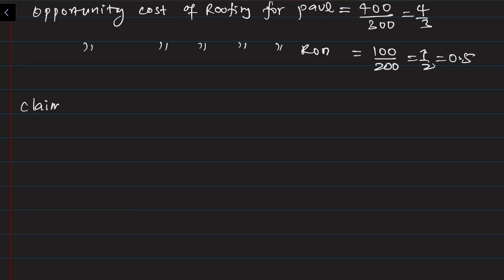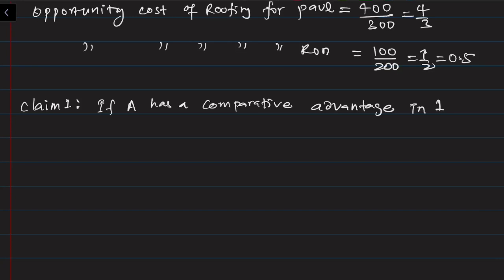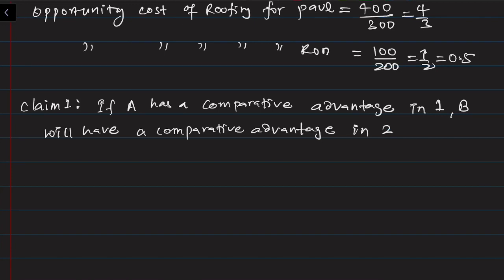So the first claim is, let's say there are two people in an economy with two different tasks. If A has a comparative advantage in task 1 or job 1, then B will have a comparative advantage in job 2 or task 2.